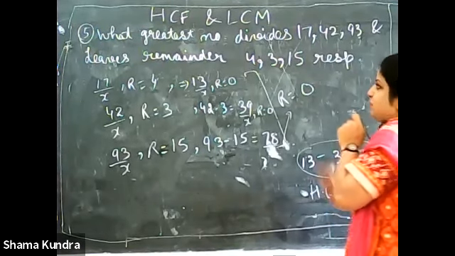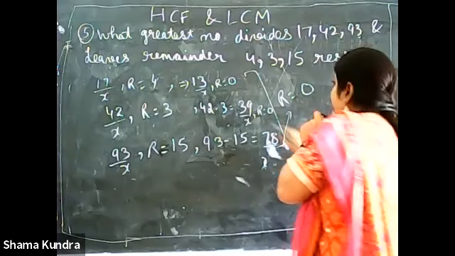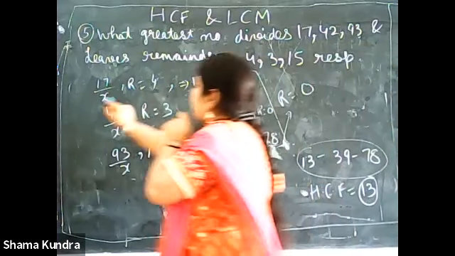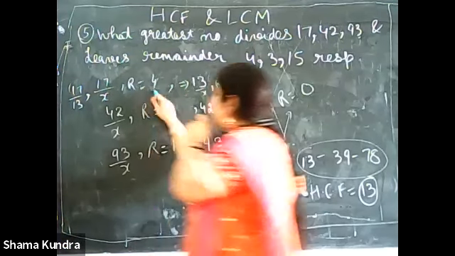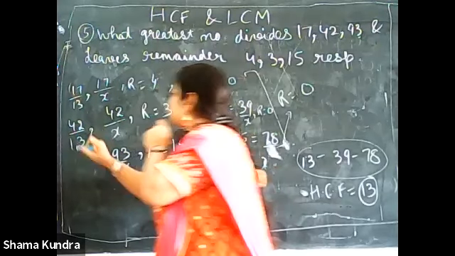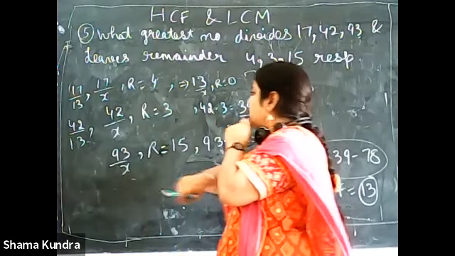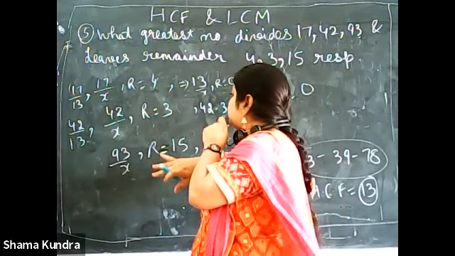Therefore, the highest, meaning greatest, number is 13. You can check. When you divide 17 by 13, the remainder is 4. When you divide 42 by 13, 13 into 3 is 39, the remainder is 3.